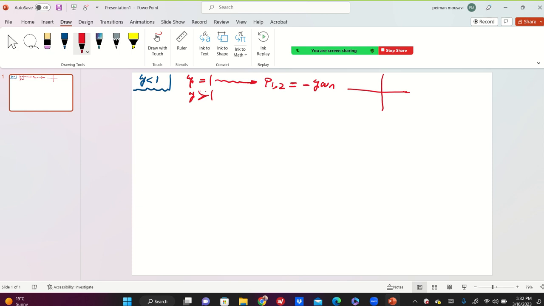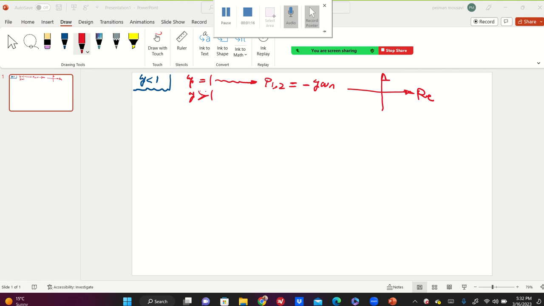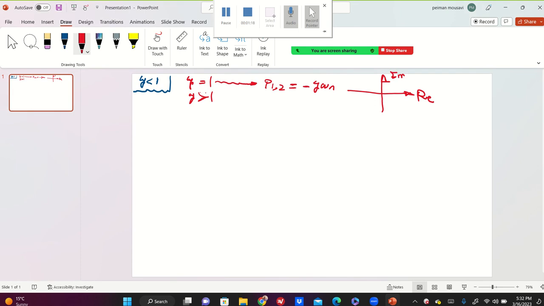If you plot it in the real and imaginary plane, as I taught you previously, you have two repeated real poles on each other.